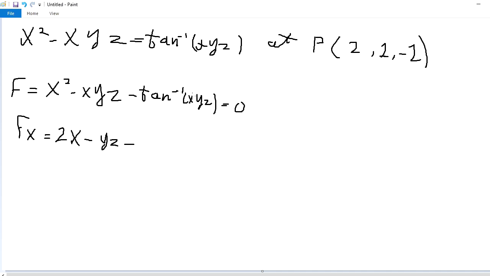To take its derivative, you write the inside derivative over 1 plus the inside squared.